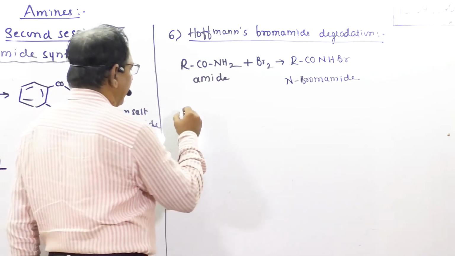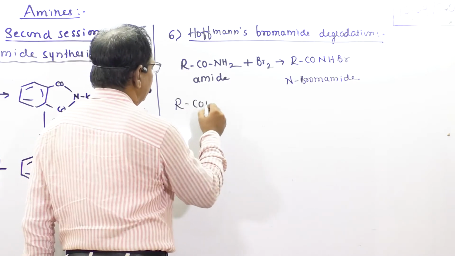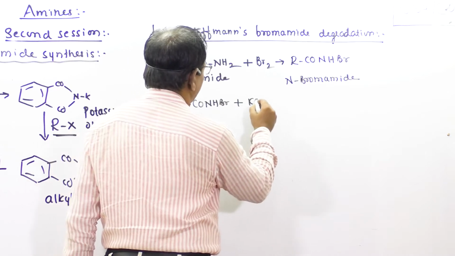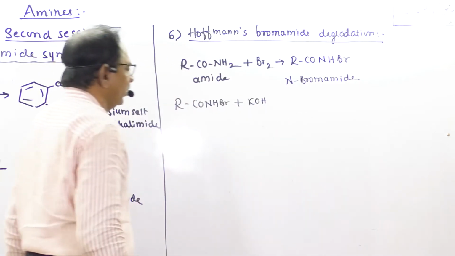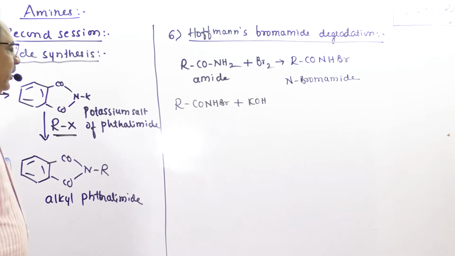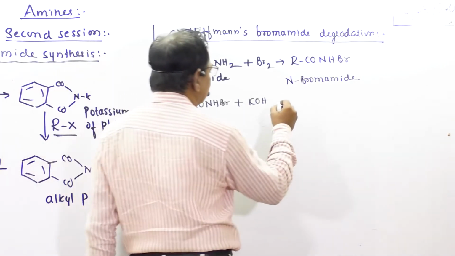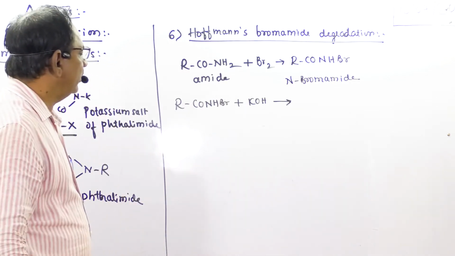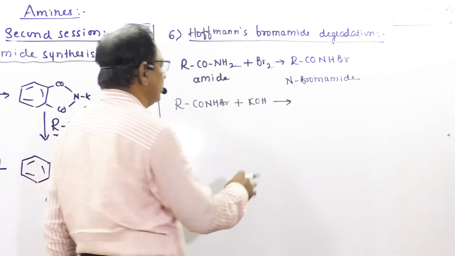This N-bromamide, RCONHBr, is treated with KOH. It undergoes a rearrangement reaction. Instead of KOH, you can also use NaOH.